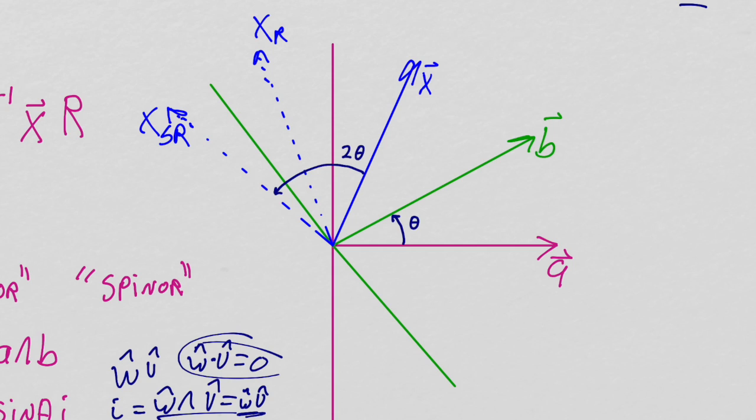What'll end up happening, and I'll show you why in a moment, is that this becomes X parallel. And this is why when you read a lot of different books and they take different approaches, you have to be very careful. That parallel means the part of X that's in the plane of A and B. It's not parallel to A, it's not this piece. It's not parallel to B, it's not that piece.